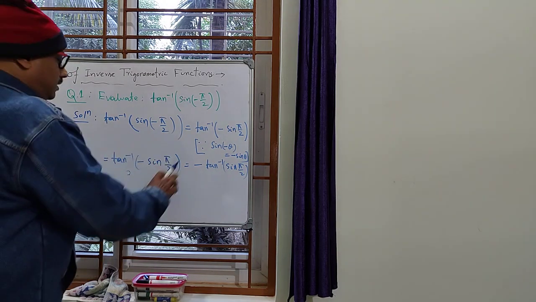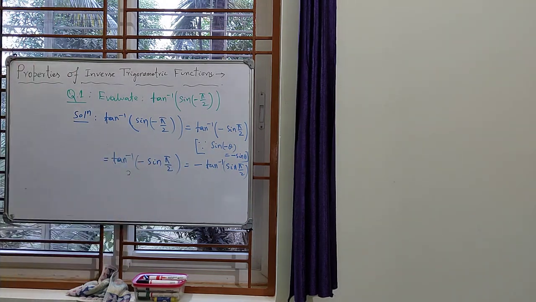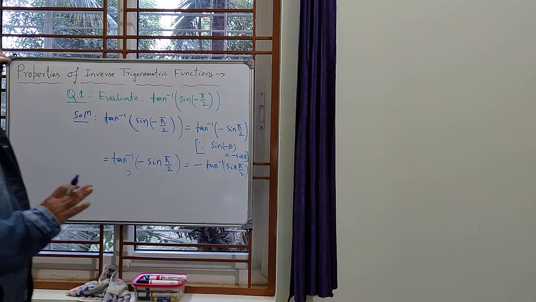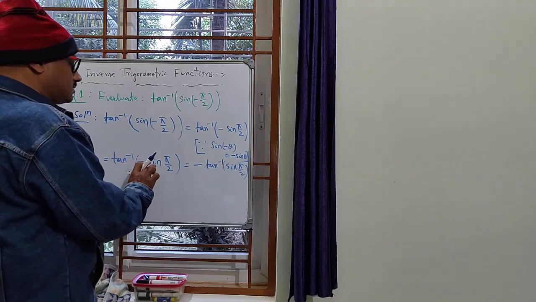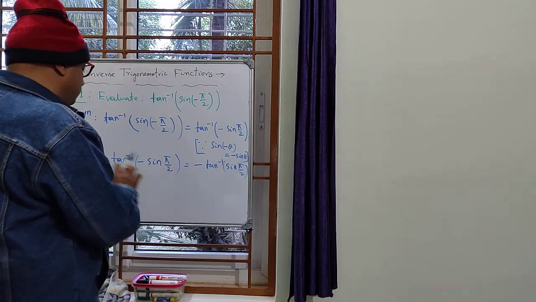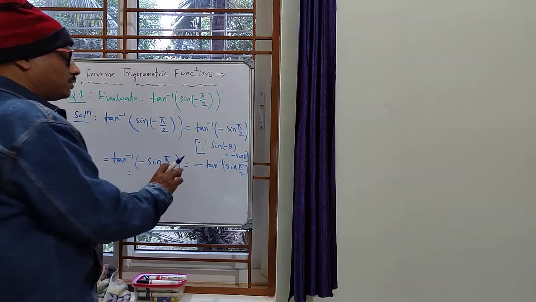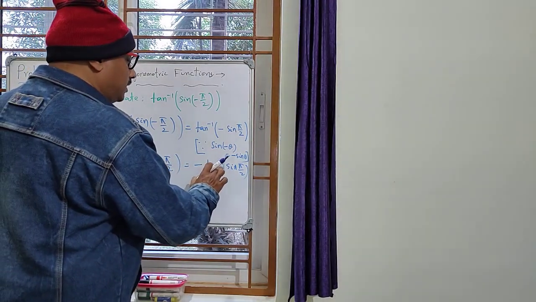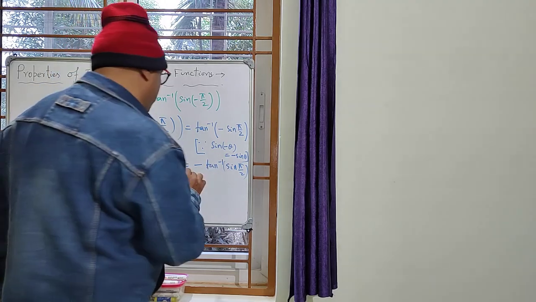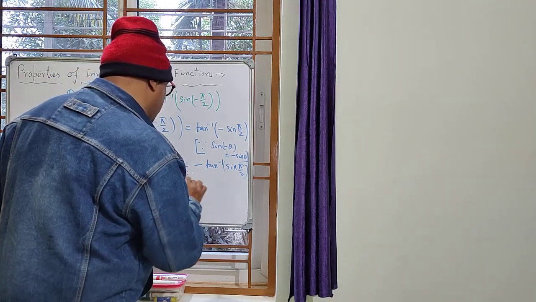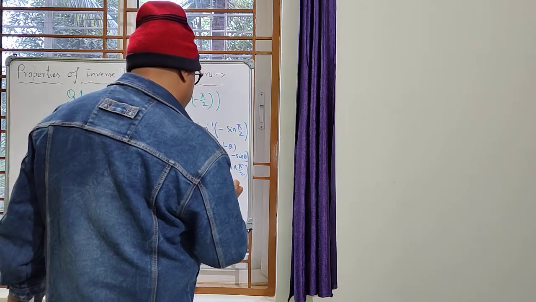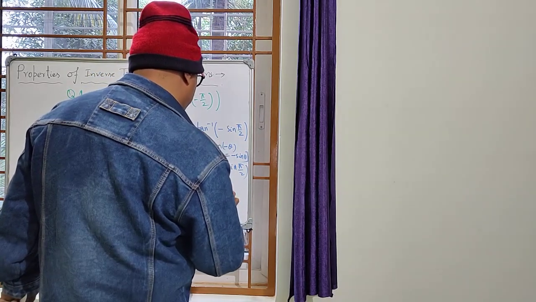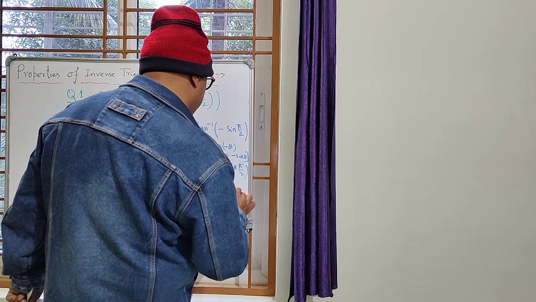This extra step may be omitted. Tan inverse minus sine pi by 2 equals to minus tan inverse sine pi by 2, since you can write tan inverse minus x equals to minus tan inverse x.